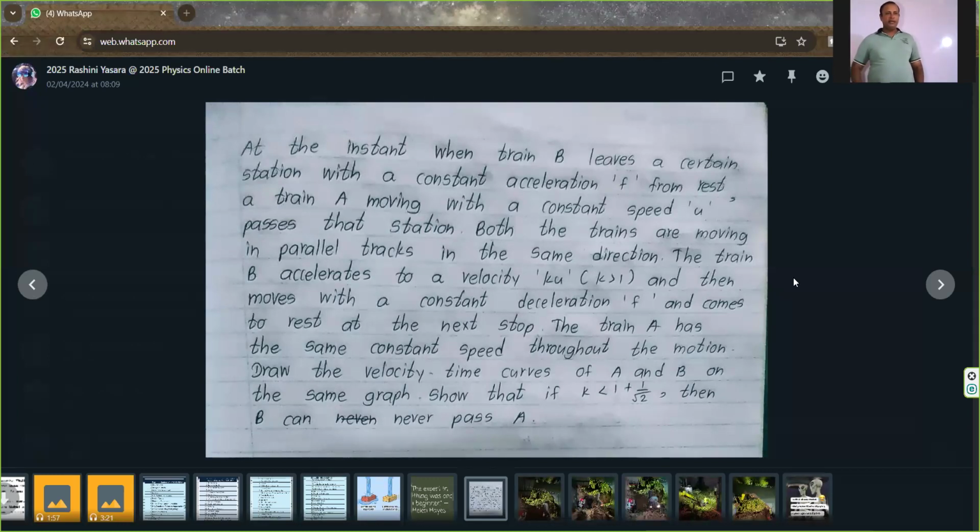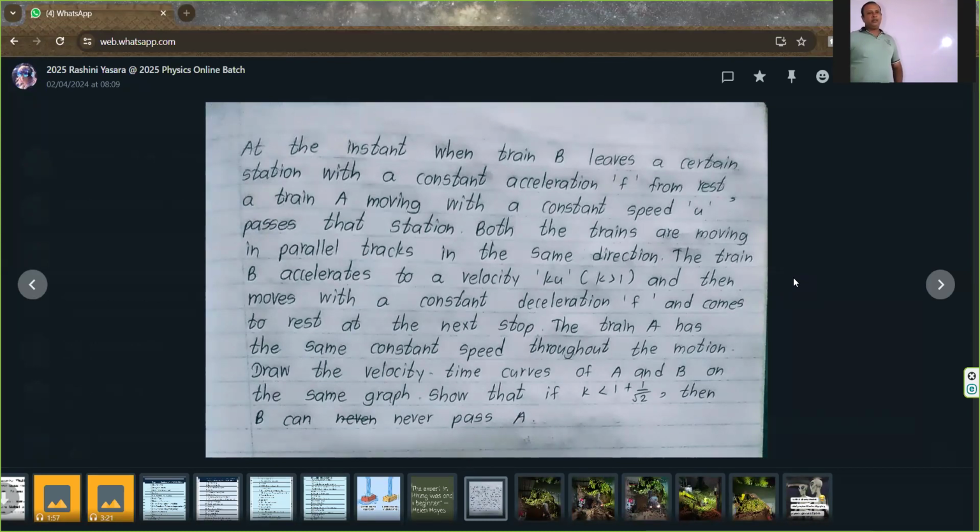The train B accelerates towards velocity ku, k is greater than 1, and then moves with a constant deceleration f. Okay, that is train B. And comes to rest at the next stop. The train A has the same constant speed throughout the motion. That means u.